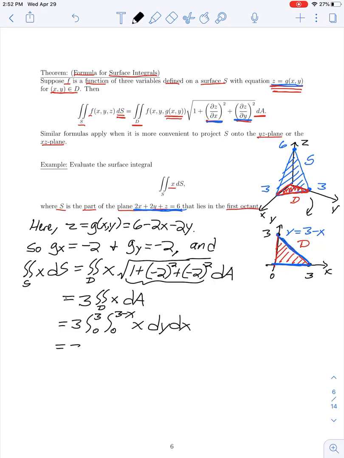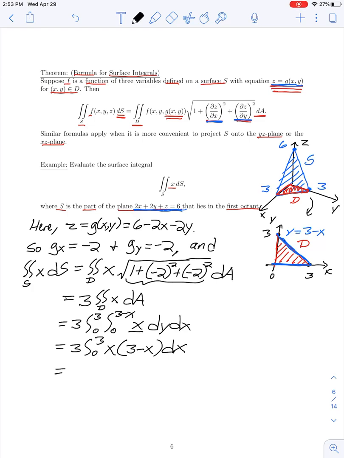So we have 3 times the integral from 0 to 3. Evaluating the inner integral with respect to y, well, x is a constant with respect to y. So we have that constant times the length of our y interval, which would be 3 minus x minus 0, or just 3 minus x, integrated with respect to x.